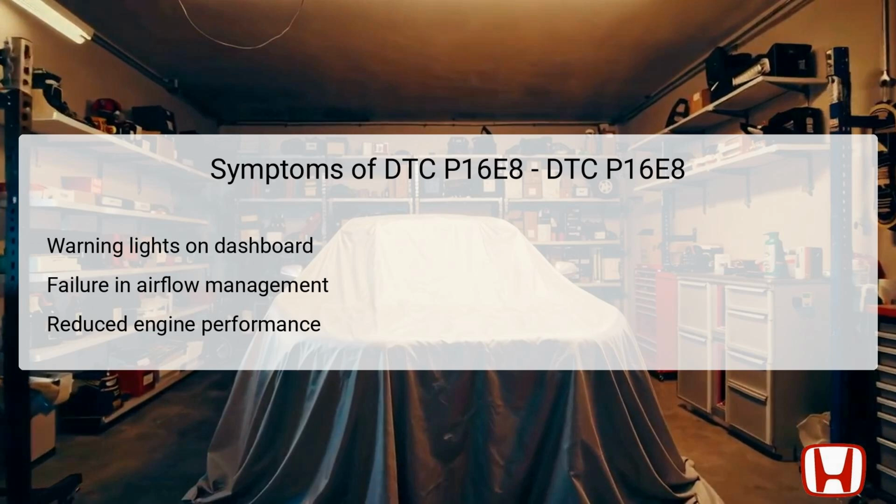Consequently, drivers may experience reduced engine performance, particularly under varying speed conditions. If these symptoms appear, it serves as an important signal to promptly investigate the underlying problem to avoid more severe engine complications later on. Understanding these symptoms is instrumental in ensuring the vehicle's longevity and maintaining performance.